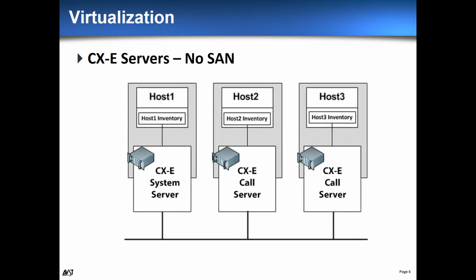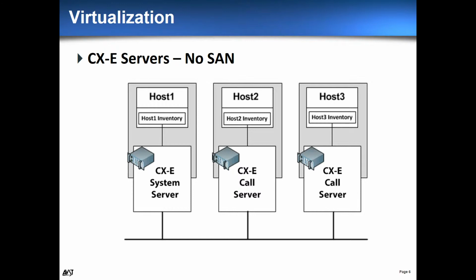When the time comes to implement CXC within the virtualized environment, there are several choices for architectures, and these choices offer different levels of redundancy and different levels of control. In this first slide, we'll look at taking all the separate components of CXC, the system servers, whether there's one or multiple, and the call servers, and virtualizing each of them in their own host.